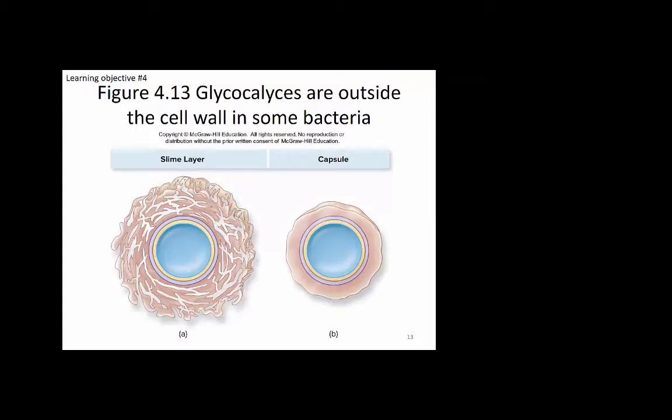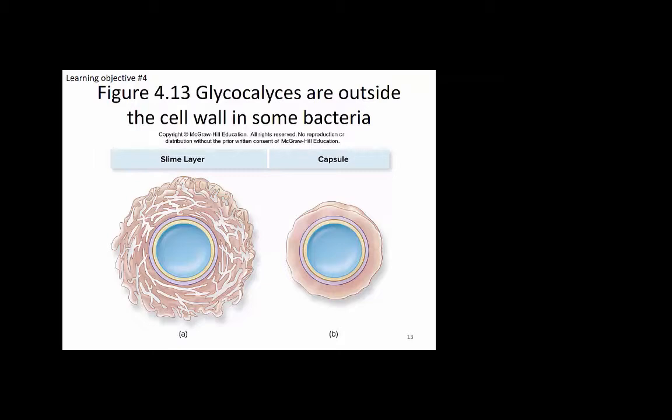We'll now just talk about some extracellular structures in bacteria. These are structures that are outside of the bacteria cell wall and cell membrane. One of these is the glycocalyx, which is not present in all bacteria.